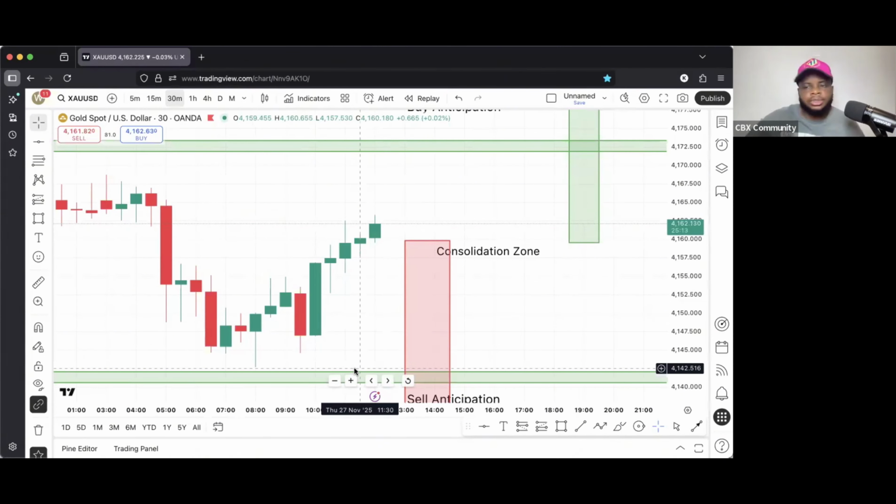But for now, we don't need to do anything. I'm just looking at my other screen just to have an idea what the other time frame is saying. Let's be patient. Let's see what the candle wants to do.